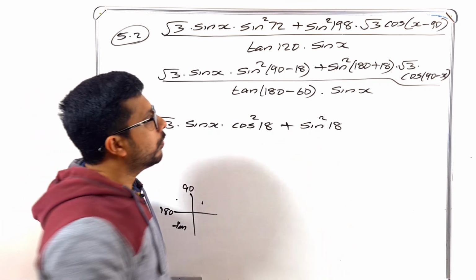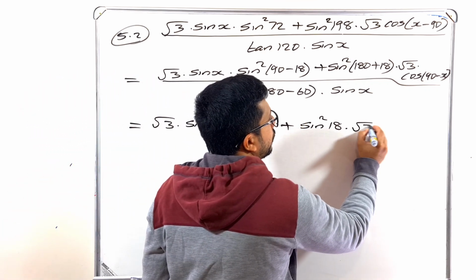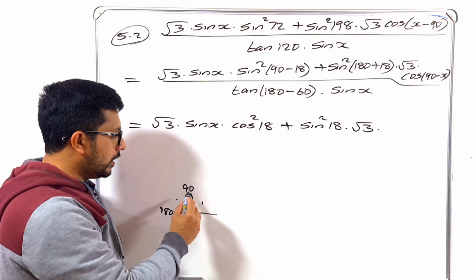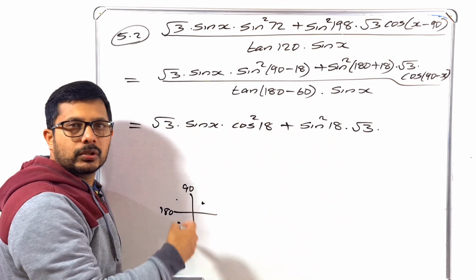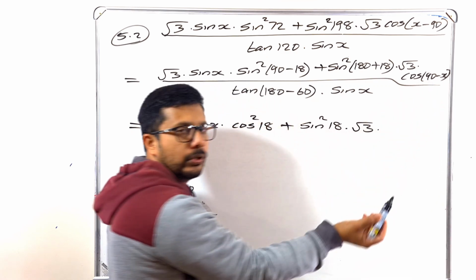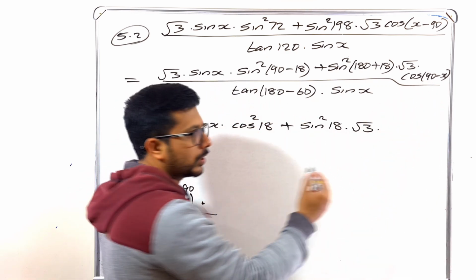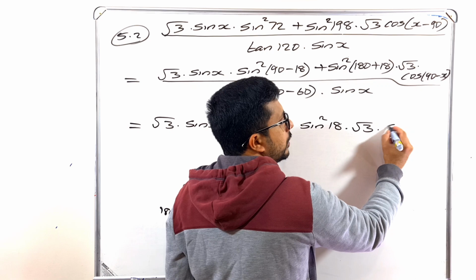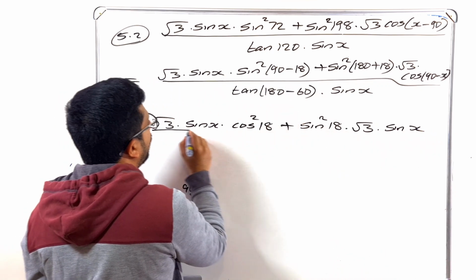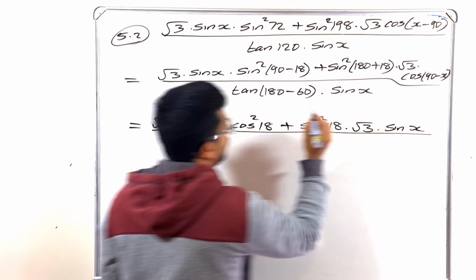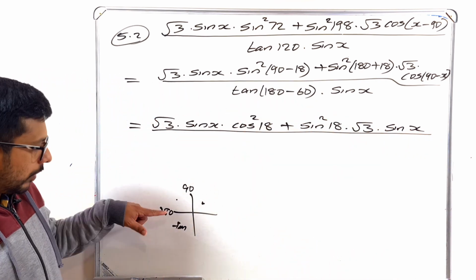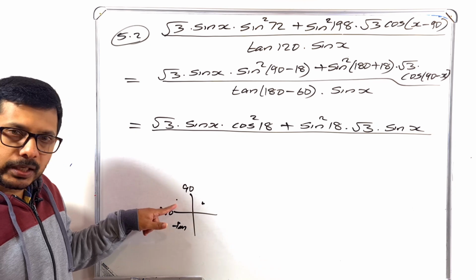Okay, now into root 3, then what is this one? Cos of 90 minus x. 90 minus x, first quadrant everything is positive, but if it is based on 90, you have to change to its co-function. What is the co-function of cos? It is sine. So it is sine x, the whole divided by tan of 180 minus 60. 180 minus, that is in the second quadrant.